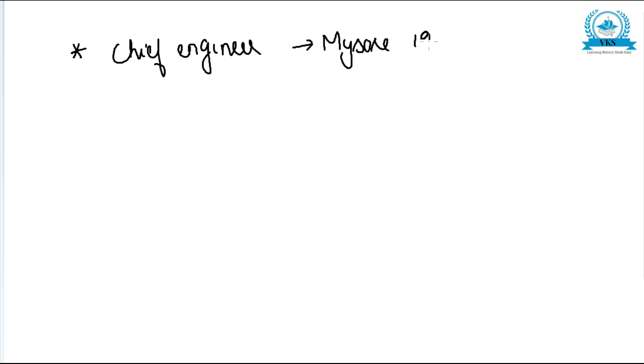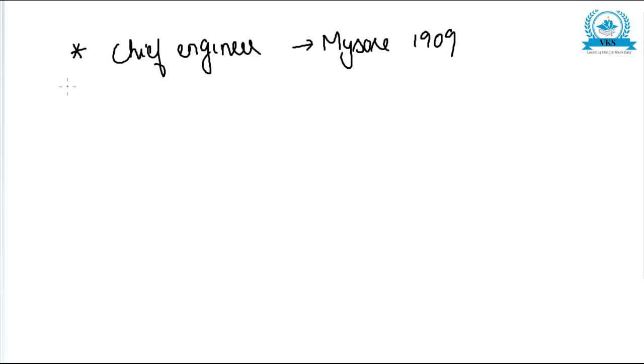After that he was appointed as the chief engineer of Mysore in 1909. Till 1909 he was working for the Bombay government.